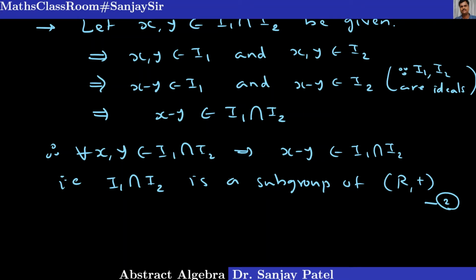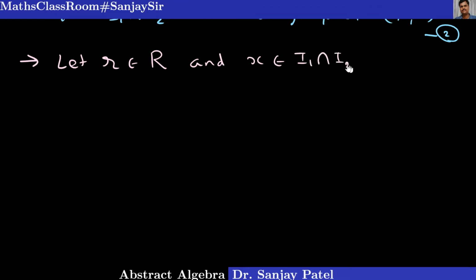Now to prove the last thing about ideal, that is the ideal condition for the set I1 intersection I2. So let us take one element from the ring, say small r belongs to the ring R, and one element from the given set, which is I1 intersection I2. So x belongs to I1 intersection I2.